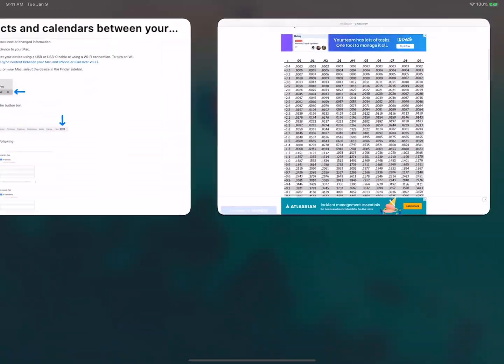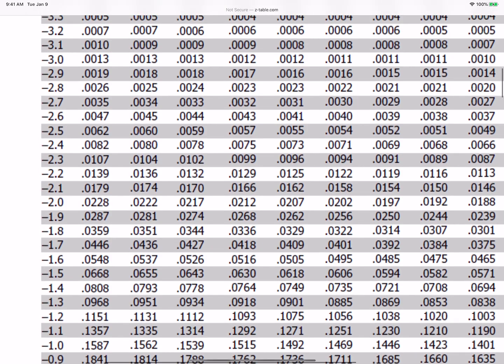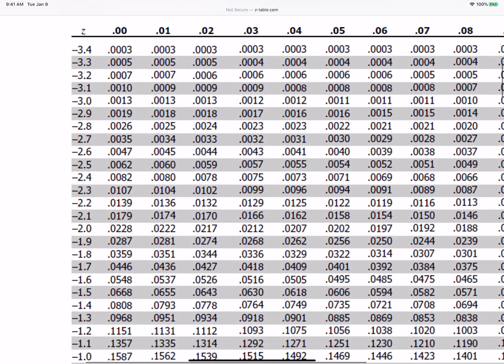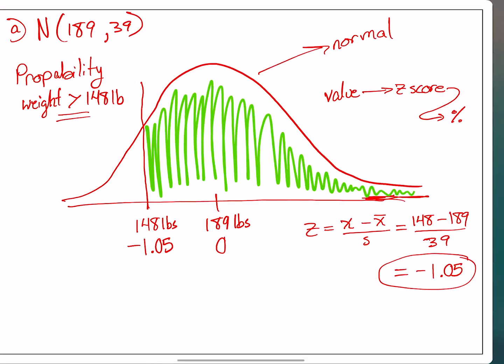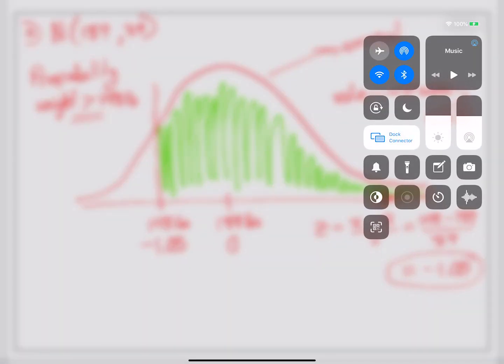Let me zoom out a little bit, negative 1.05. That's all the way down at the bottom. And I get 0.1469. That's what I get. What I'm going to do really quickly is connect this so that you all can see where I'm looking.